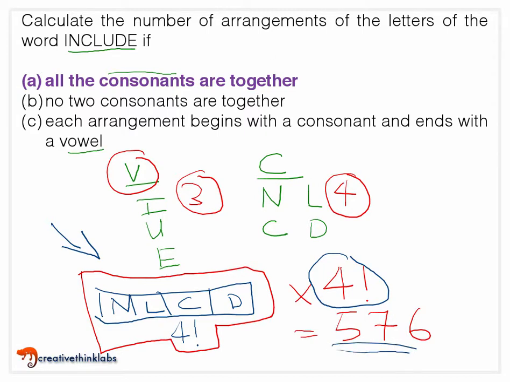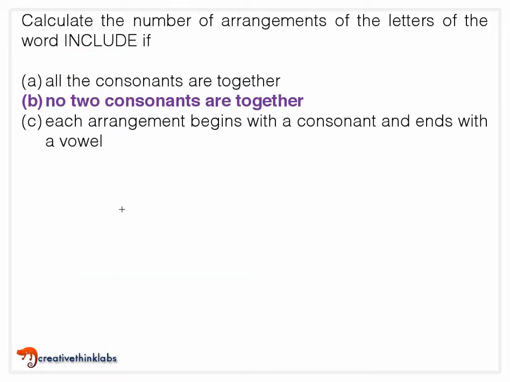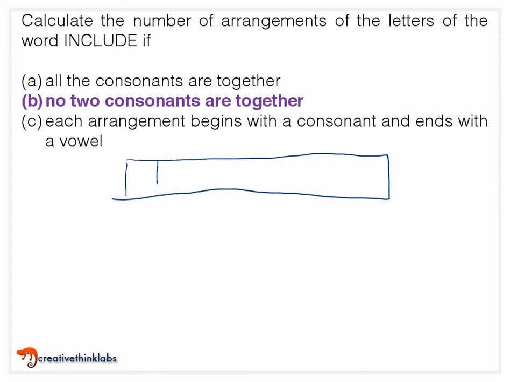Let's move on to the next part here. No 2 consonants are together. Again, if I were to draw a box, now let's fill them up with letters. So let's start with consonants here: N, C, L, and D. Now in between we will have all the vowels.